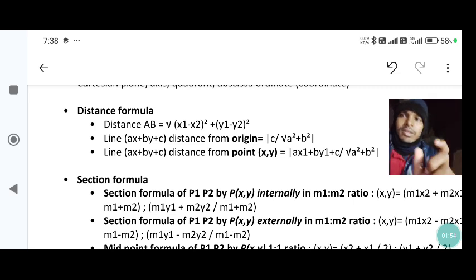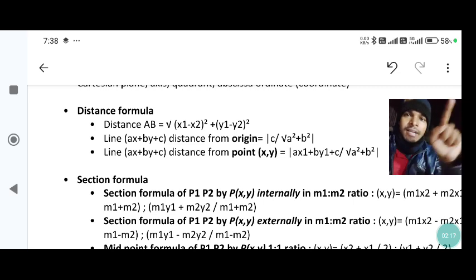Now a line ax plus by plus c is given. For this line, we have to find the distance from the origin. Like this is the axis and this is the line. If we are talking about the distance, it is always the perpendicular distance between the line and the point.